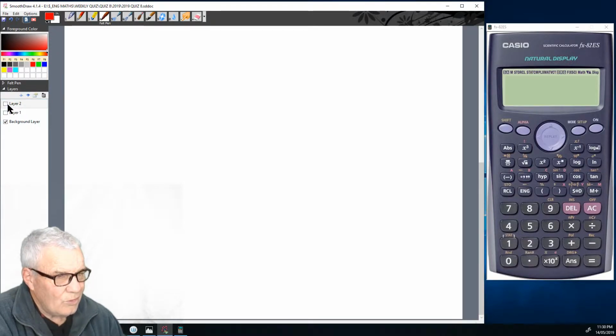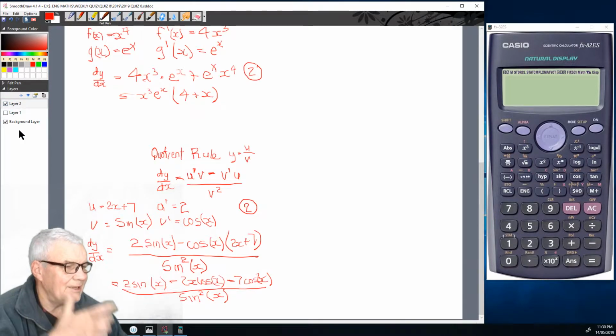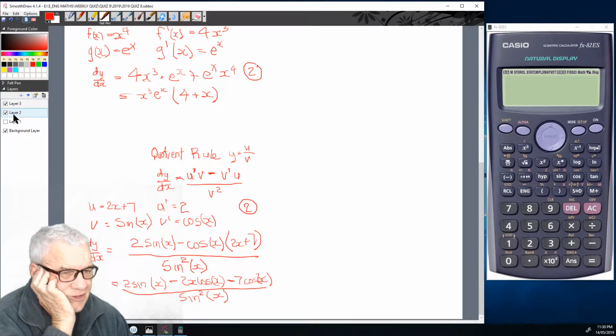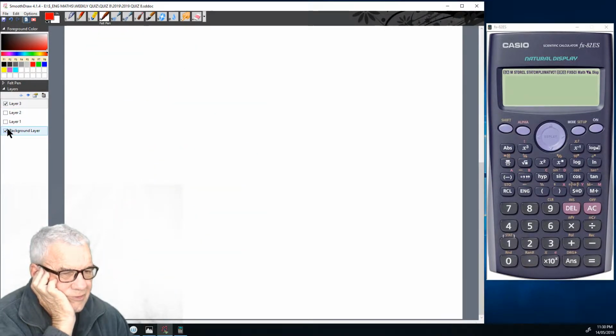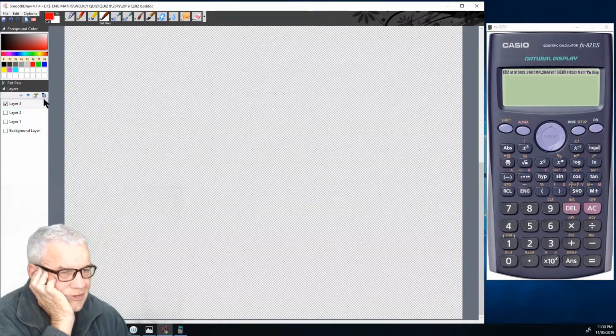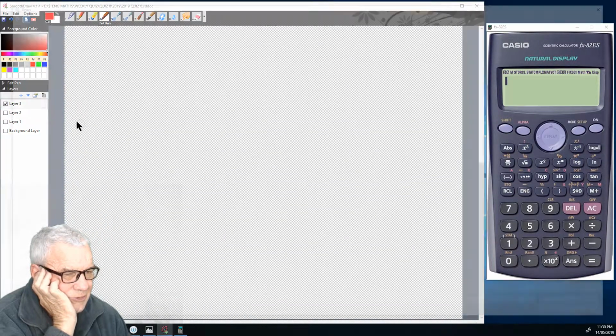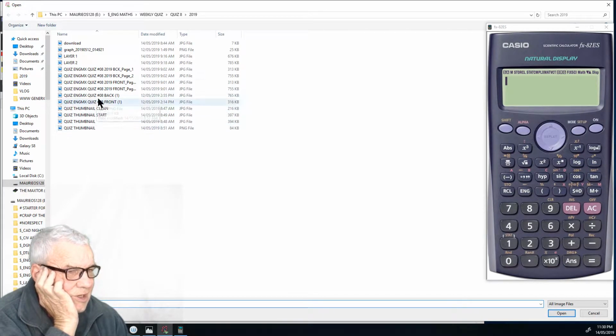We'll have to add another layer here, which will be layer 3. I'll turn off the background and import a layer image, and it'll be layer 2.